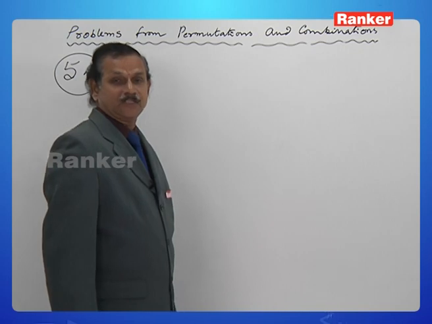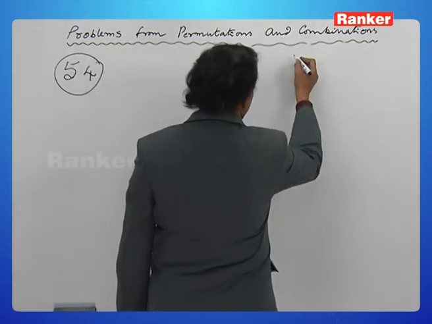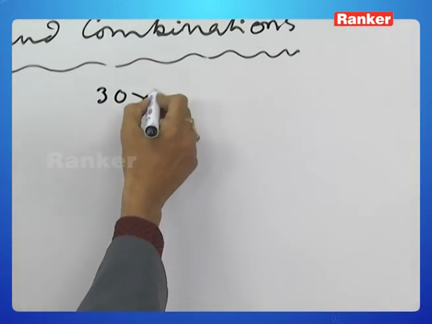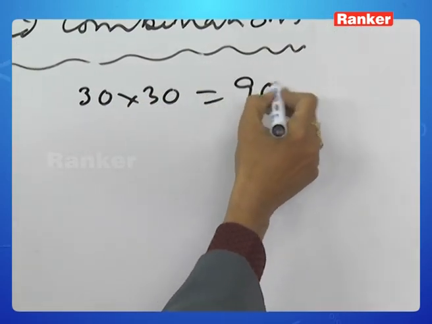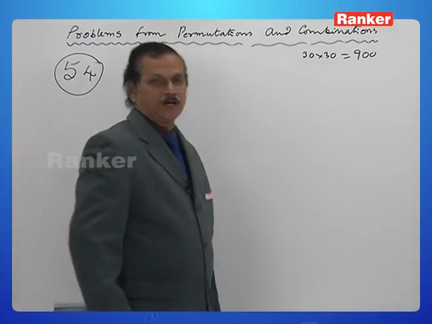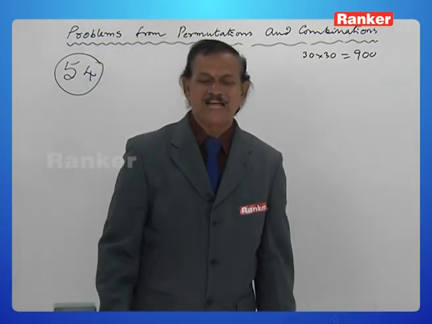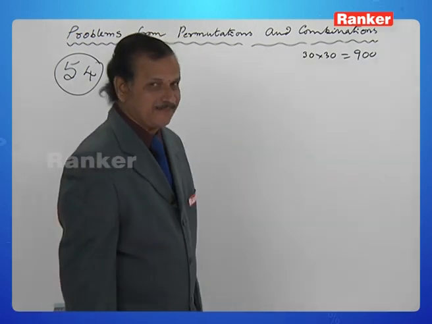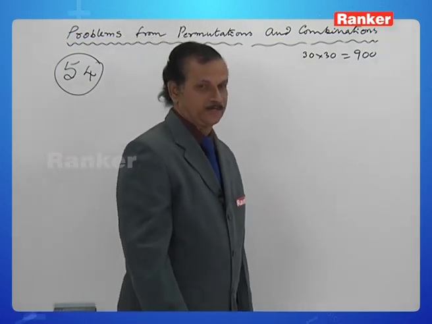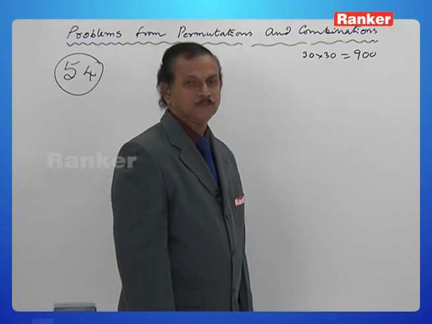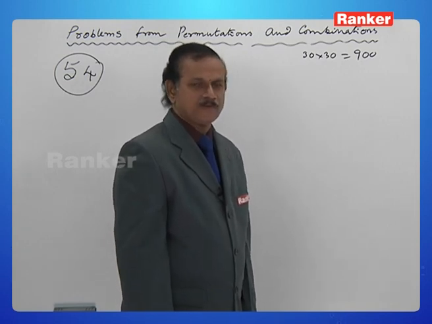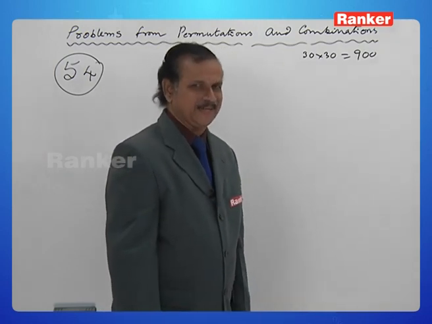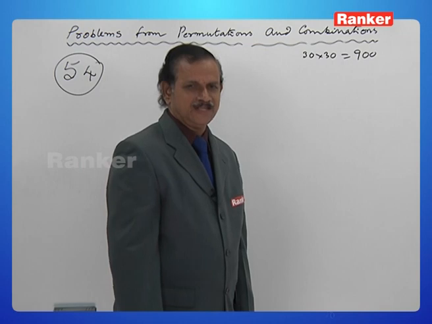Let us recollect the total number of ordered pairs with a part of the given restriction was 30 into 30 is equal to 900. Out of these, we are now to collect the required number of ordered pairs. We have not followed the condition m less than or equal to 2n and n less than or equal to 2m now. We now find the ordered pairs which do not satisfy that condition. That is 2n less than m and 2m less than n.